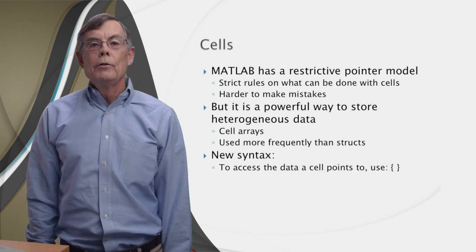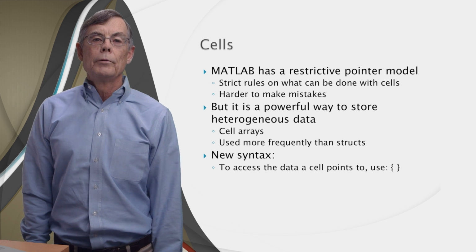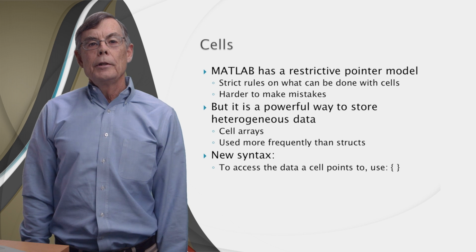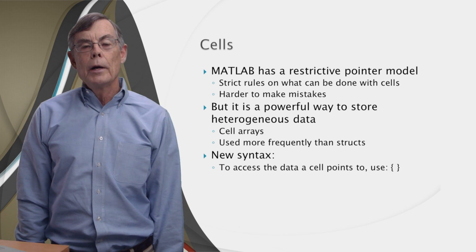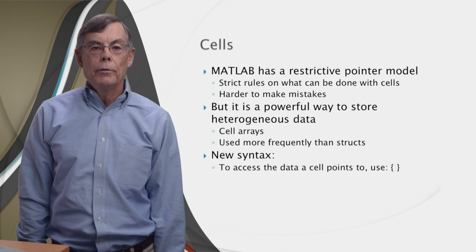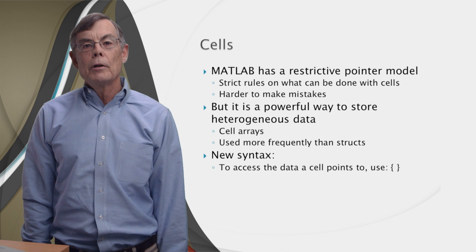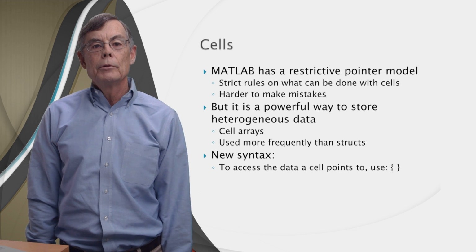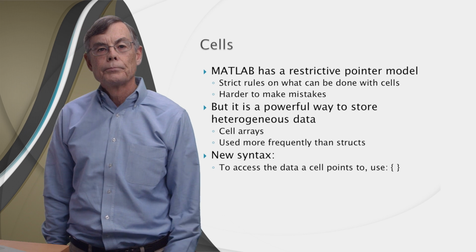Since cells is a new concept, it shouldn't be surprising that there are new syntax rules. To access the object that a cell points to, you need to use braces, also called curly braces or curly brackets. To actually use cells, let's solve our original problem by using them to create a variable that stores multiple lines of text.